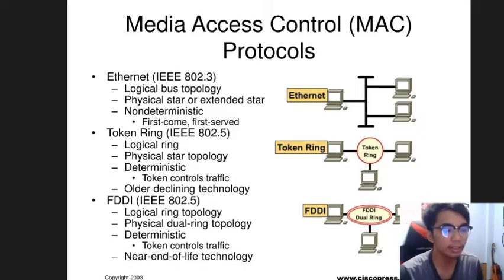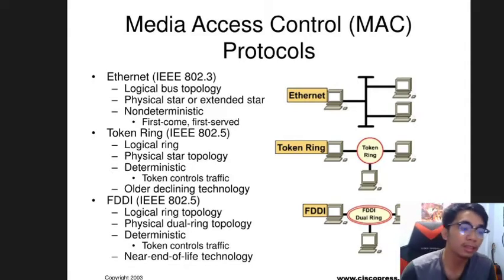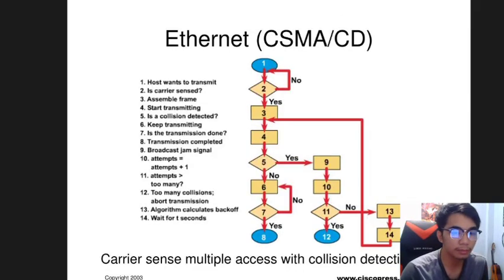It is deterministic, with a token controlling traffic, and is an older, declining technology. Then FDDI, again a logical ring topology with a physical dual ring topology. It is deterministic, with tokens controlling traffic, and is a near end of life technology.